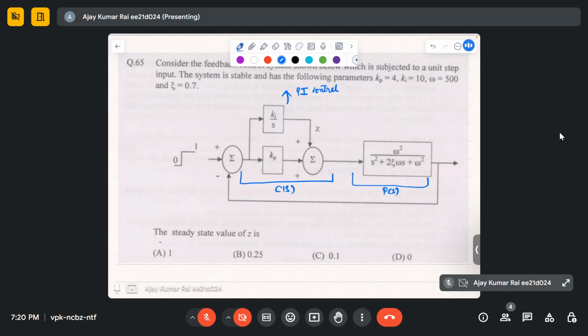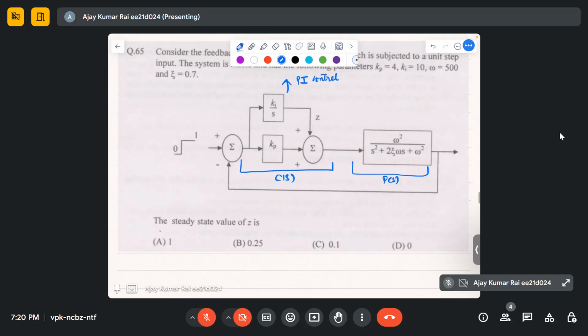Okay, and we need to find out the value of z. So what you know, this is Y of s, this is R of s, and this is equal to E of s, right? The error.